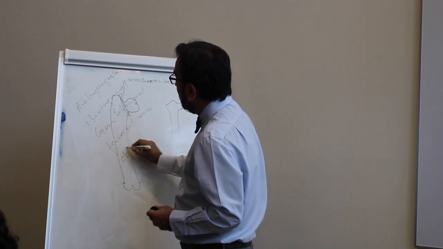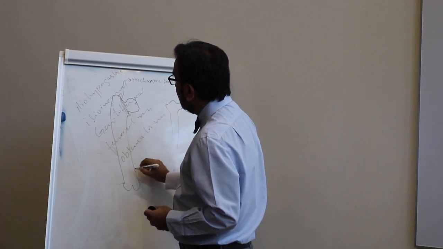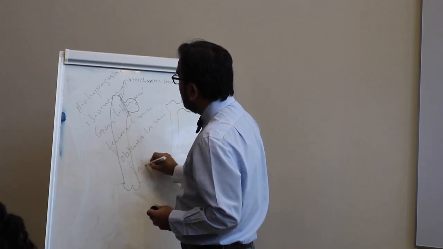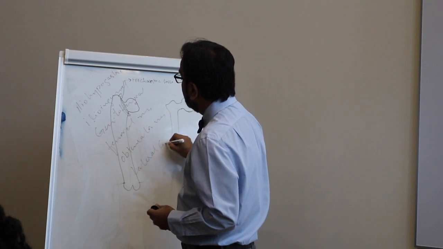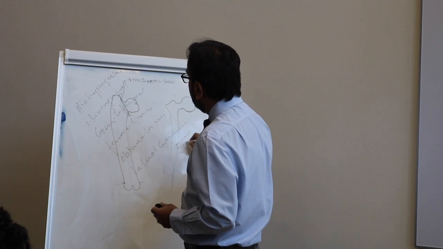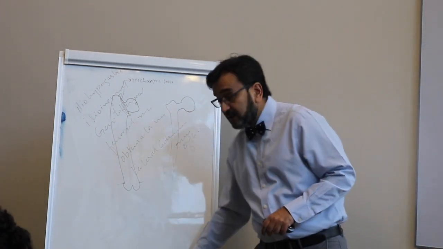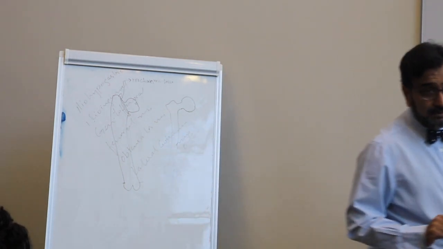Fifth one is obturator nerve. And the sixth one is lateral cutaneous nerve of thigh. Okay? So these are the 6 nerves which are going to come out from the lumbar plexus.